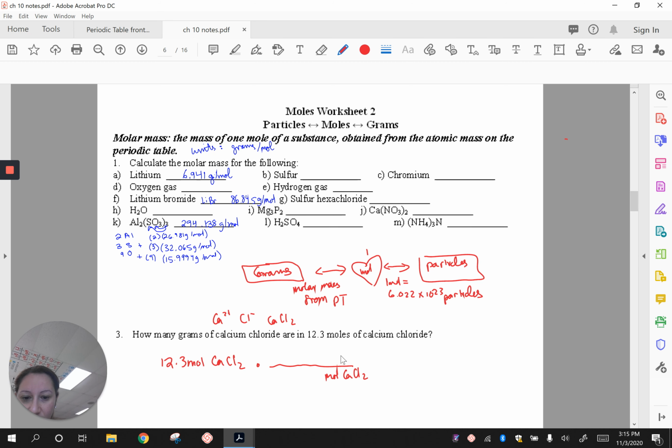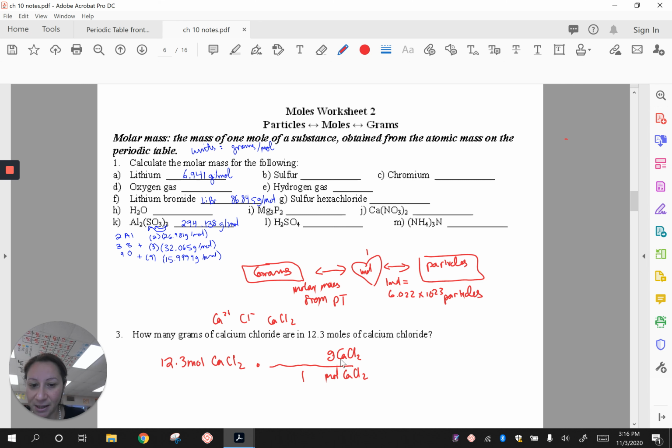On top here, you want to write the units that you are looking for, as long as you can link between them and between the moles of calcium chloride. So we just learned that we can go from moles of calcium chloride to grams of calcium chloride directly using the molar mass. So I can put grams of CaCl2 here. And 1 mole is equal to the molar mass in grams of calcium chloride.